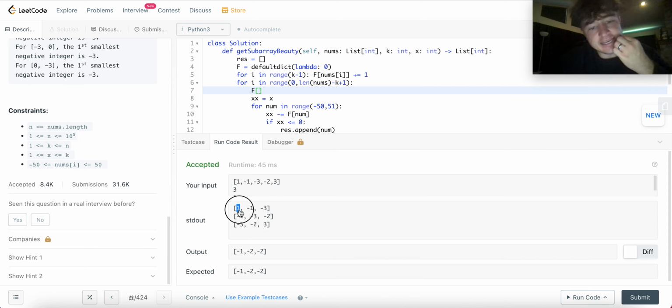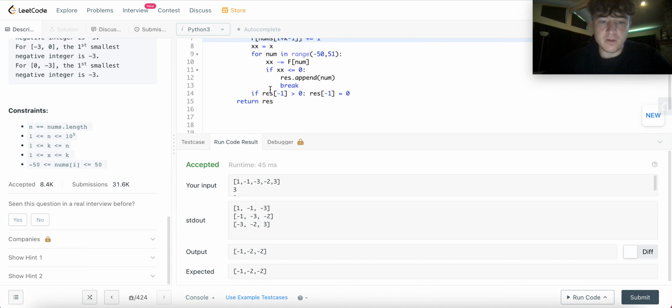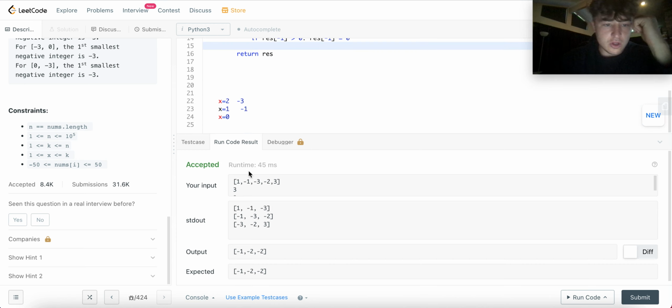If i is here, we want to add in i plus k minus 1, because i plus k would be 3, minus 1 is 2. So f of nums at i plus k minus 1 plus equal 1.